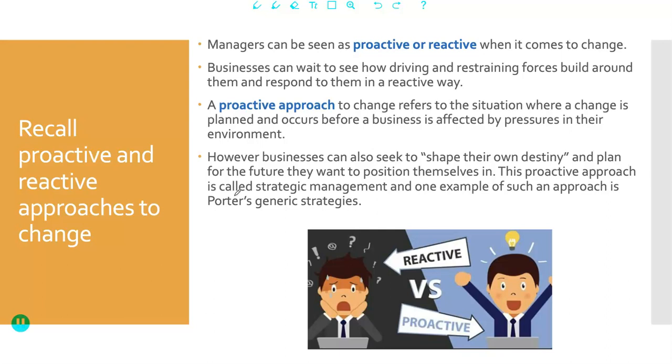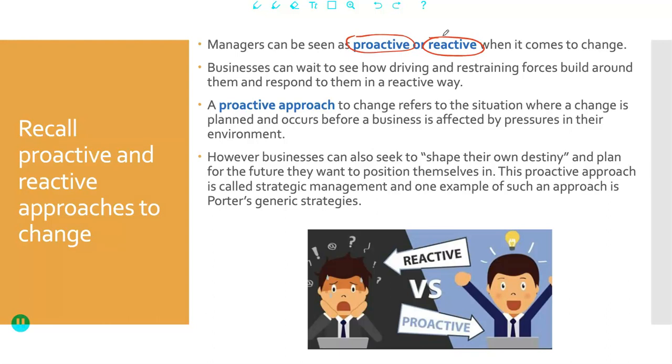Let's do a quick recall all the way back to our second key knowledge point on proactive and reactive change. We know that businesses can change proactively sometimes, and sometimes their change is reactive.